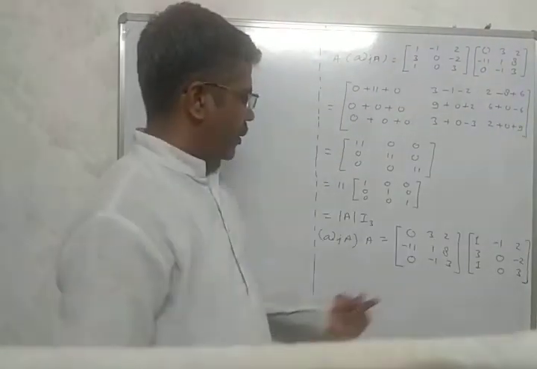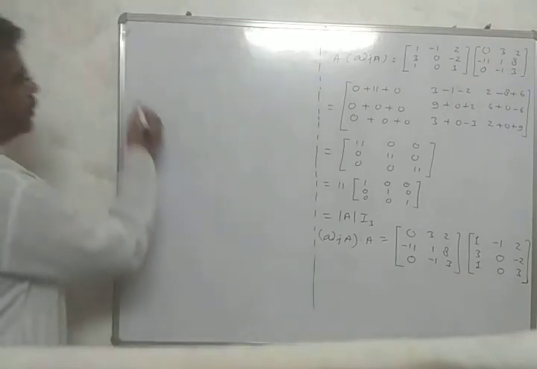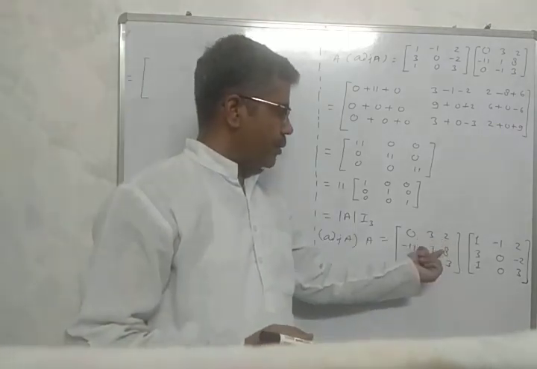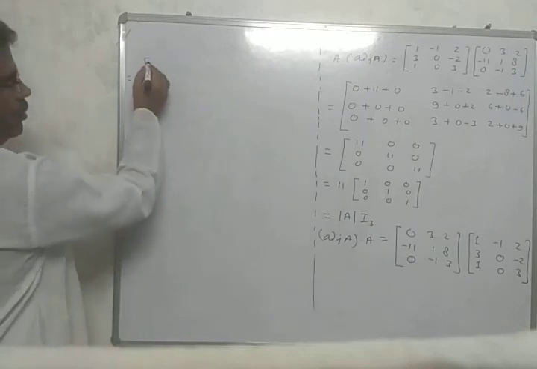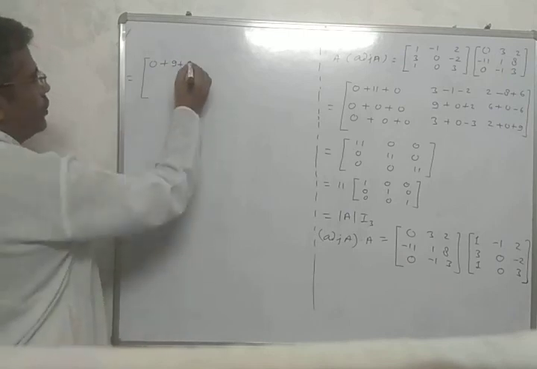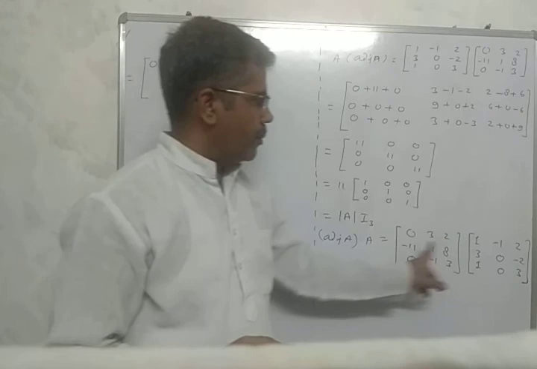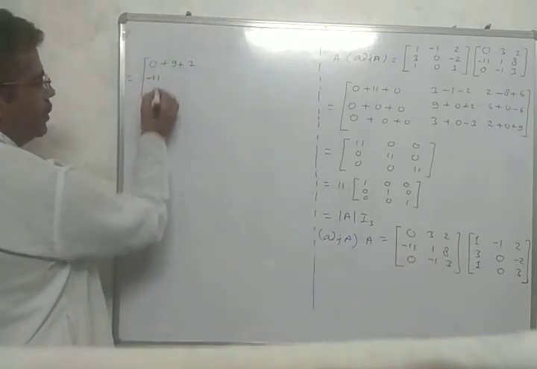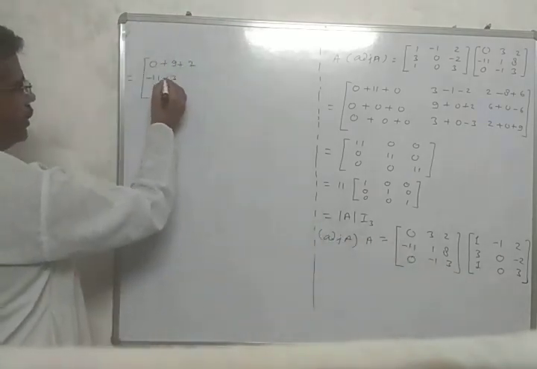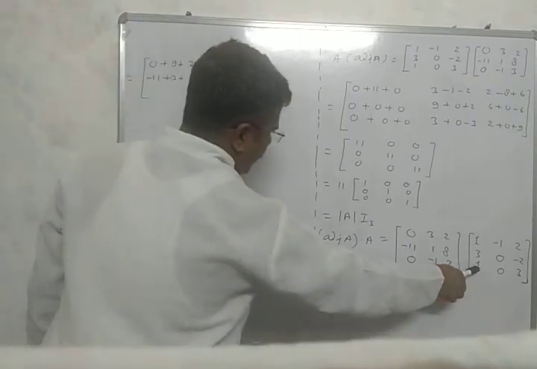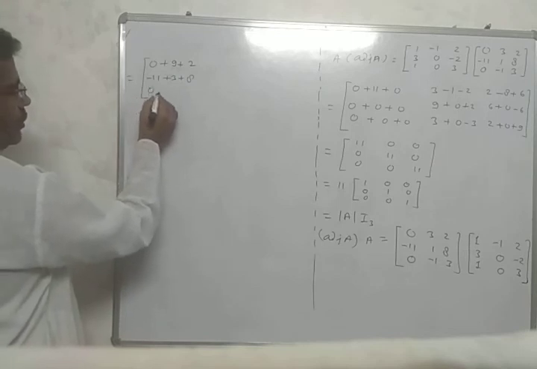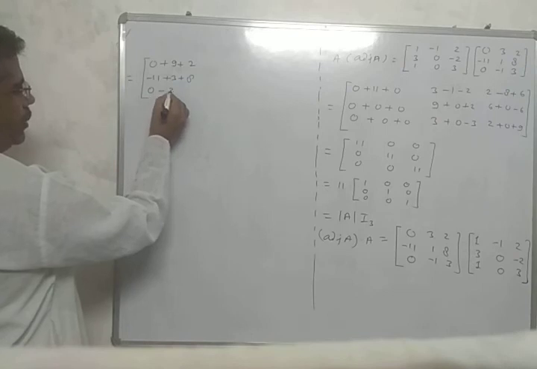If we multiply this, we get this column multiplied by this row: 0 plus 9 plus 2, 1 multiplied by minus 11 and 3 multiplied by 1, 3, 1 multiplied by 8, and next 0 minus 3 plus 3.